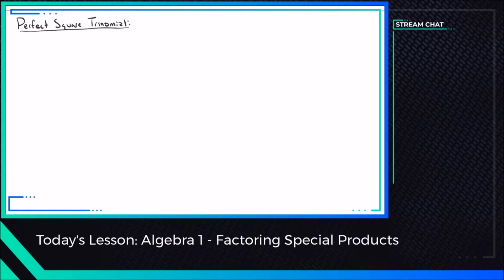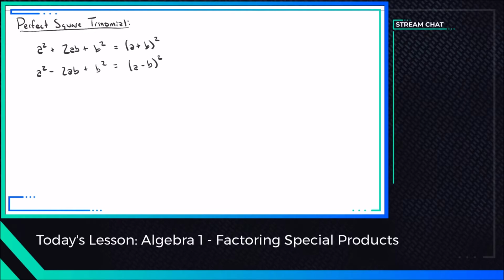And so there's a couple of different ways these can be written. You could have a squared plus 2ab plus b squared. So if you see something of that form, that is going to be written as (a plus b) squared. Or you can have a squared minus 2ab plus b squared, and that's going to be broken down into (a minus b) squared.